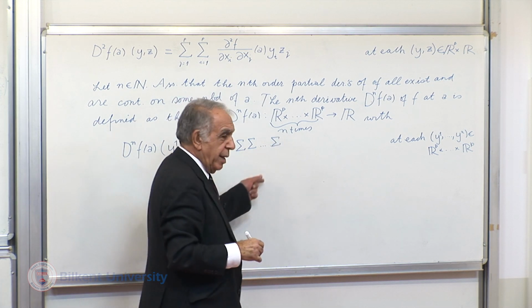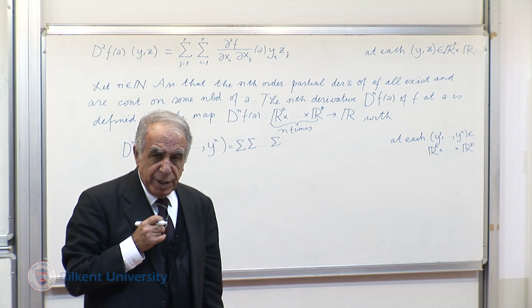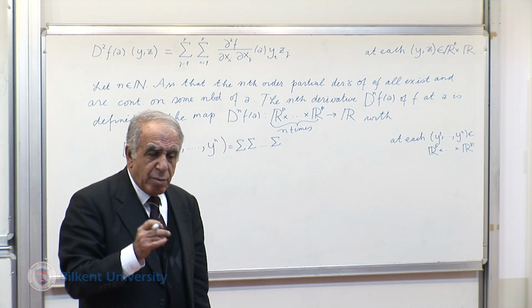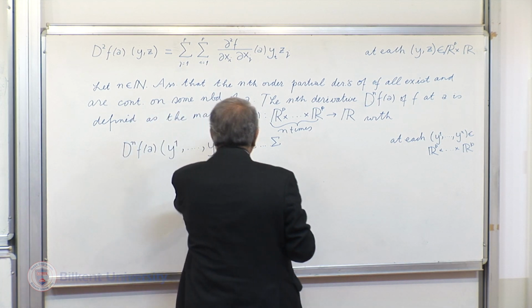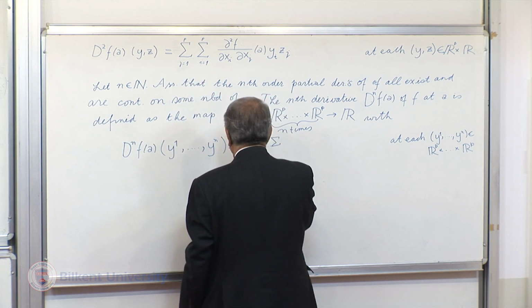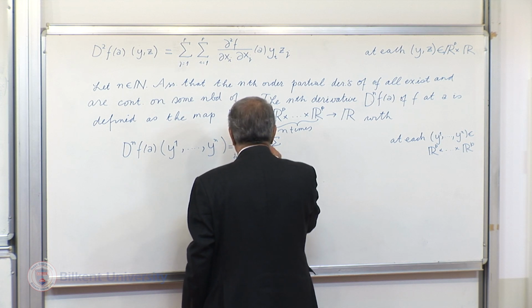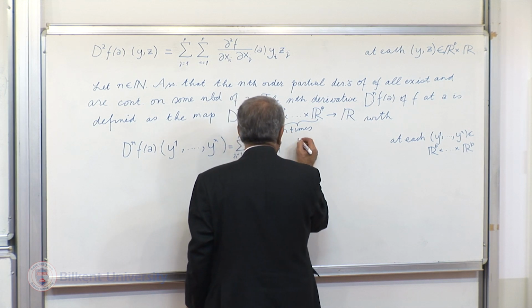Now here we will have n variables of summation, and we will sum over each of them. So we'll have an n-tuple sum instead of a double sum. So j1 from 1 to p, j2 from 1 to p, up to jn from 1 to p.